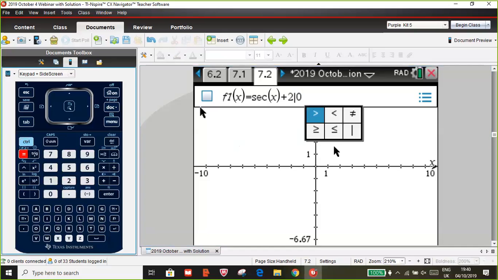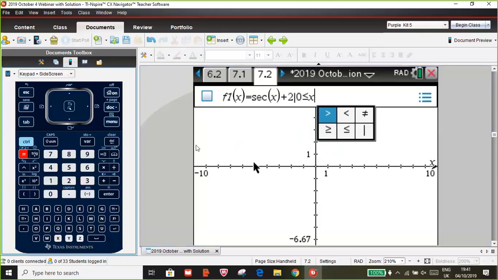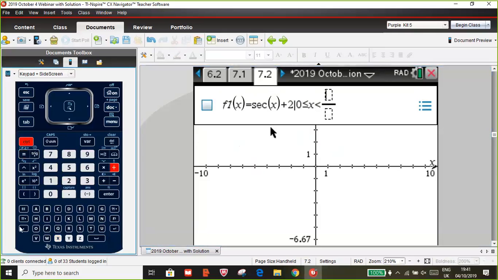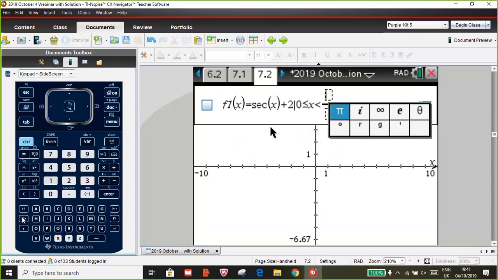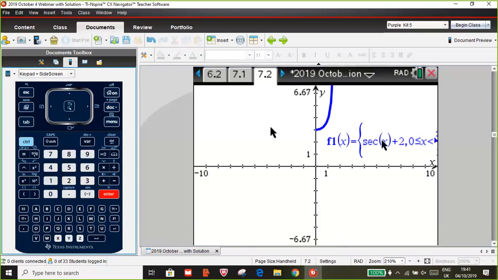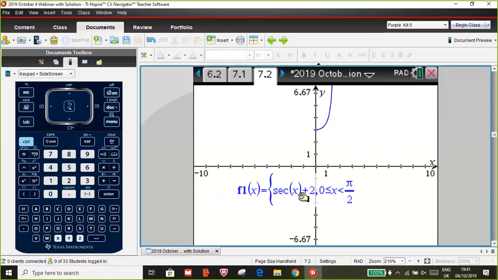Trying to speed up a bit. X control equal pi over 2. Same thing. I don't need to see so much white space. I need to change.